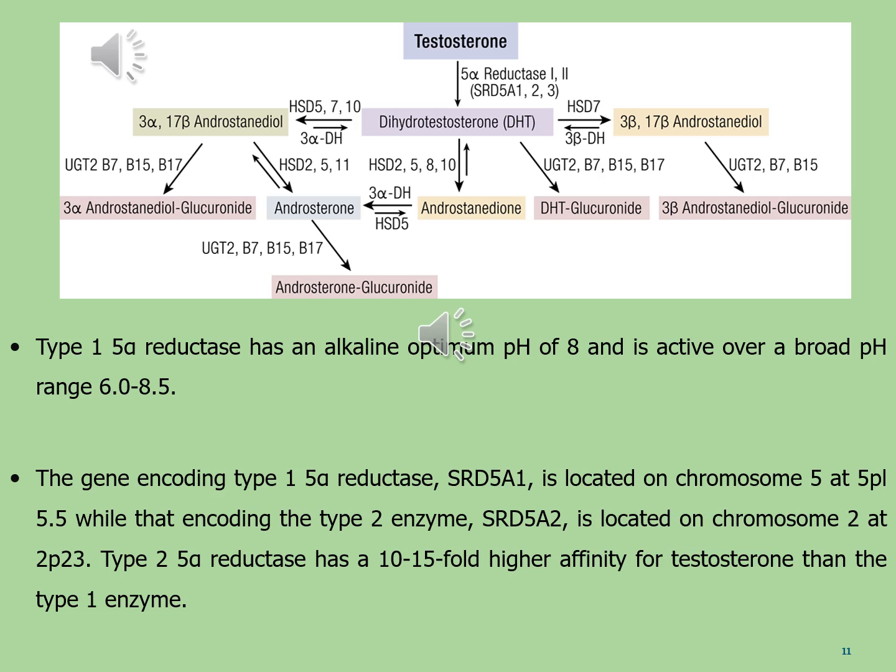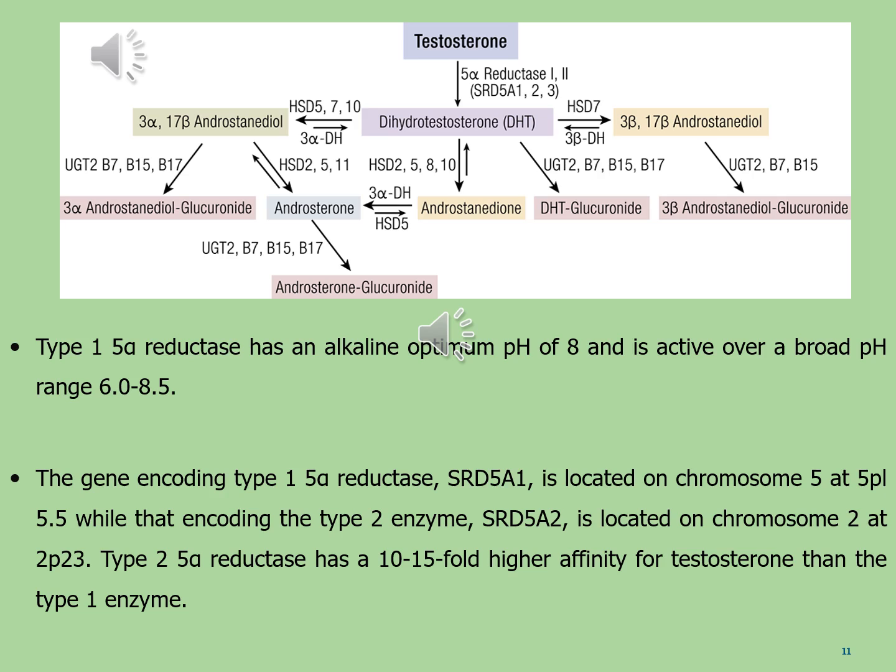Similarly, the second steroidal hormone, that is 3-alpha 17-beta androstanediol, is derived by the effect of enzyme HSD5, 7 and 10, that is also known as 3-alpha HSD. Both these enzymes are isomers of each other because there is a difference only in the positions above and below the plane of 3-beta and 3-alpha of these steroidal hormones.